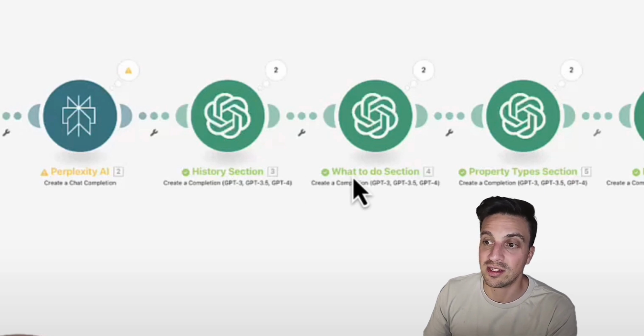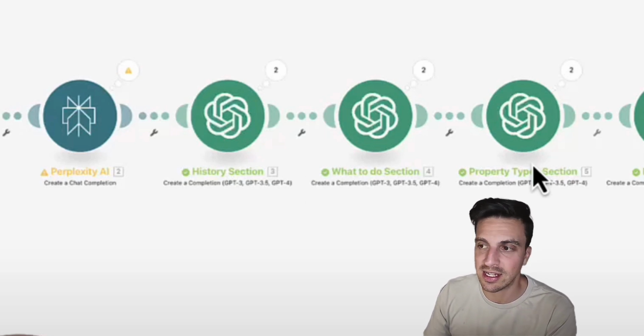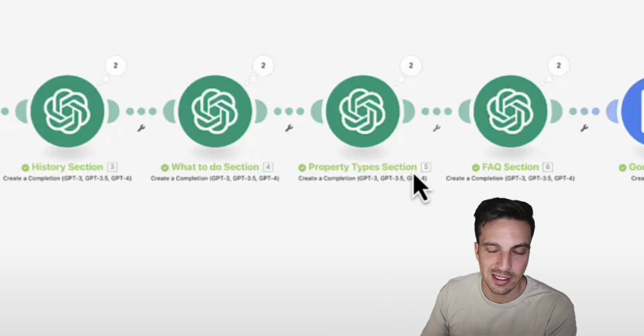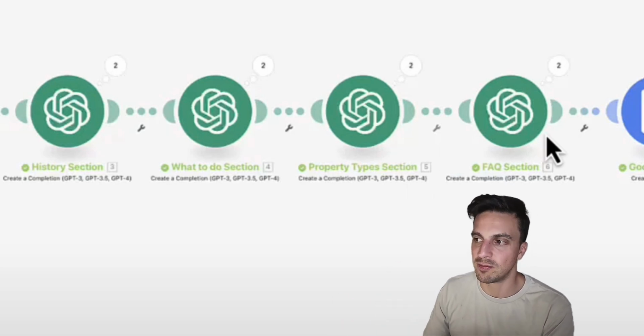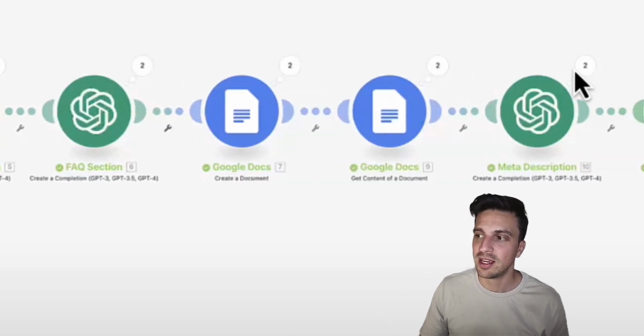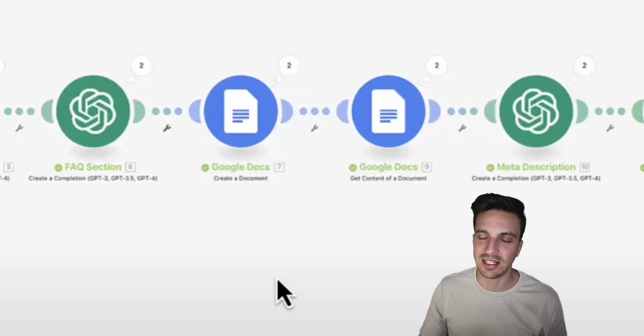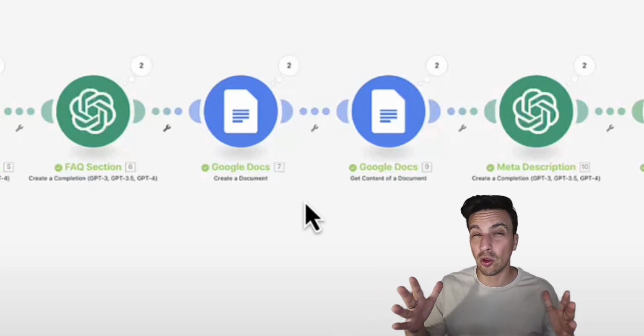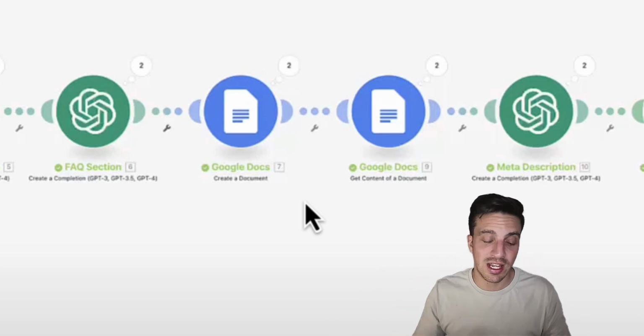The next one creates a what to do in that town. The next one creates the property types within that city, and then the FAQ section about that city. And all these 4 different content components get placed neatly and tidily into a Google Doc, ready for you to upload. So you've created a localized, researched SEO page that you can upload into your website.